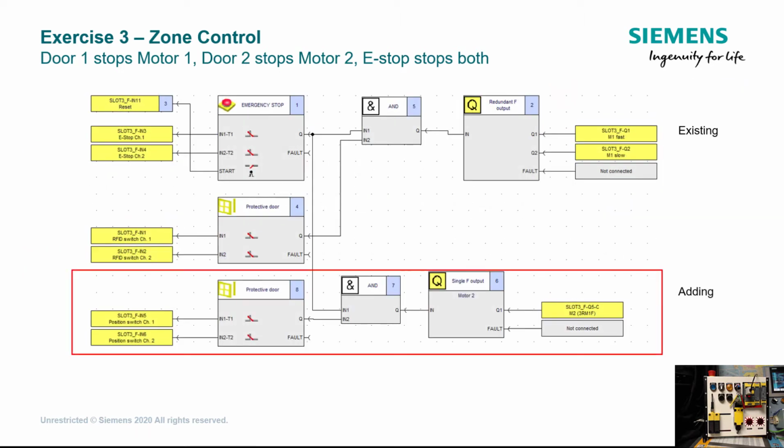And that logic is going to look like this. So again, 3 different exercises, each building from the previous. So let's open up the Safety ES software and start doing the configuration.